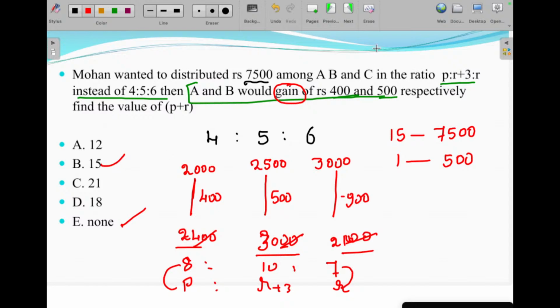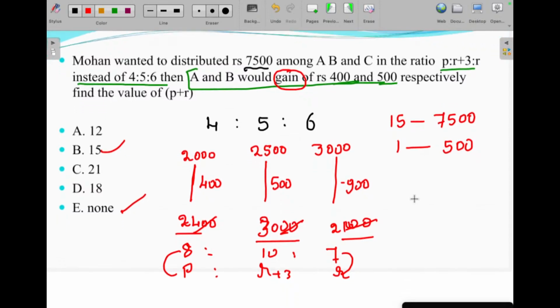That's it. Is the ratio clear? So like this we can solve it. Important point. Is it clear?